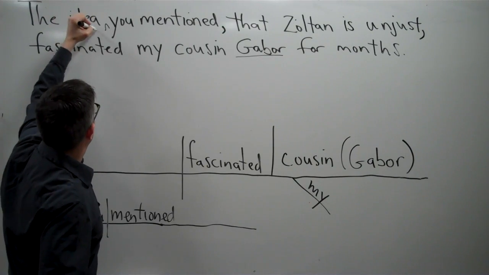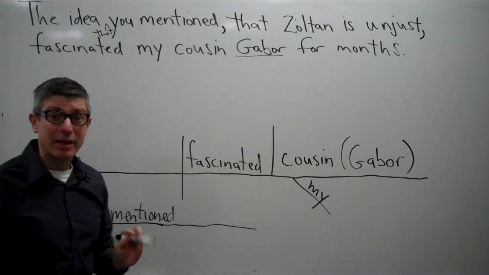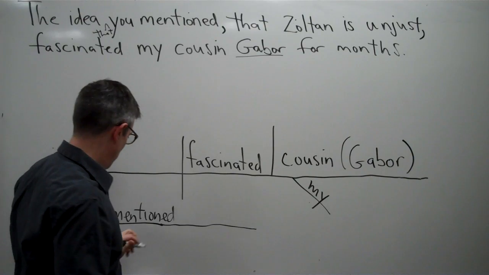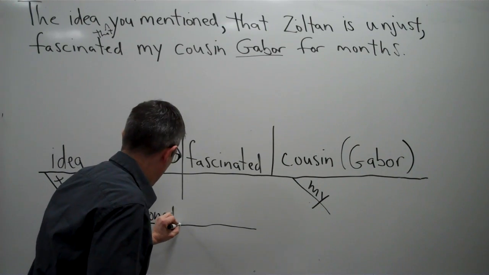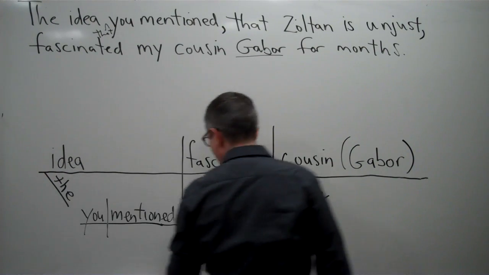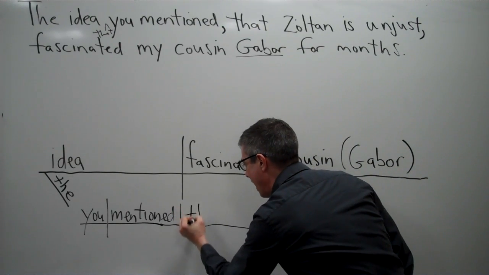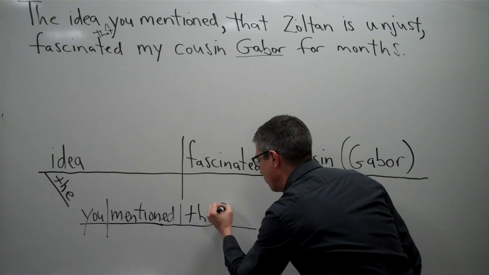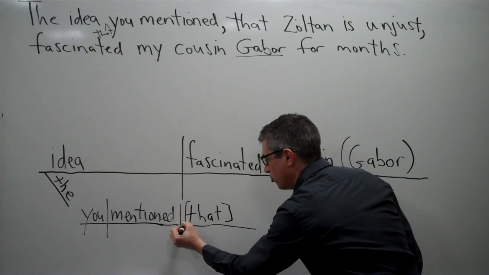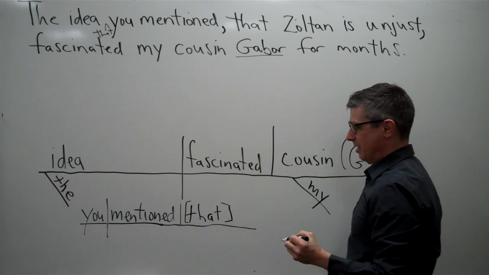The idea that you mentioned, because that can be dropped in English all the time, or often. So it would be functioning like a direct object. You mentioned that. And we put that in brackets to show that it doesn't actually appear in the sentence.